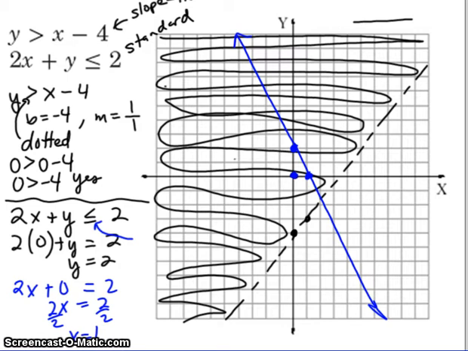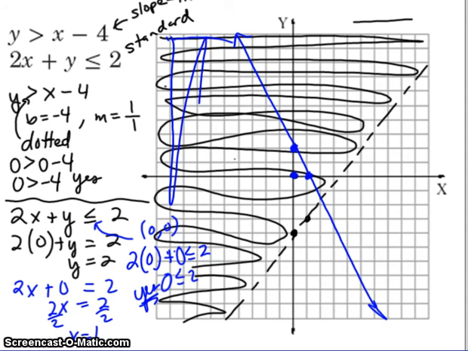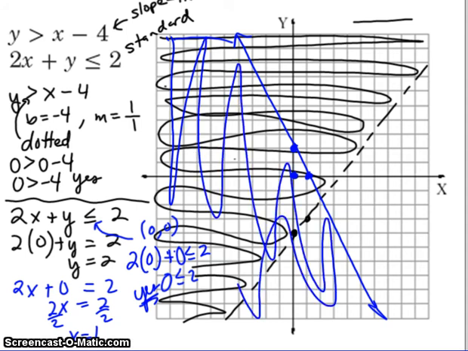Plug 0, 0 into our equation. 2 times 0 plus 0, because we're plugging in 0, 0. 0 is greater than or equal to 2? Yes, it is. Okay, 0 is less than 2. So we're going to shade the side with 0, 0, this whole region here, including where I wrote my equation.